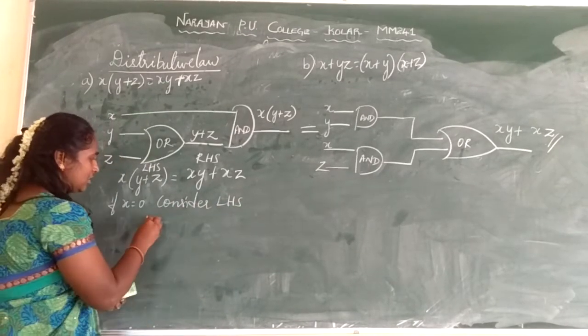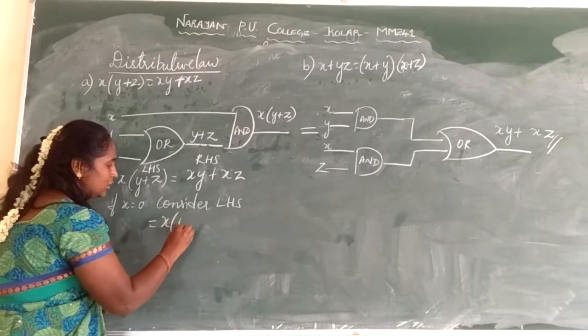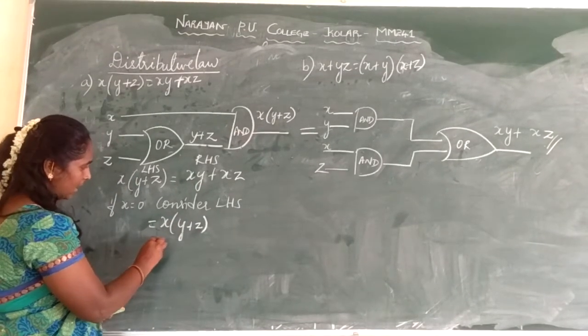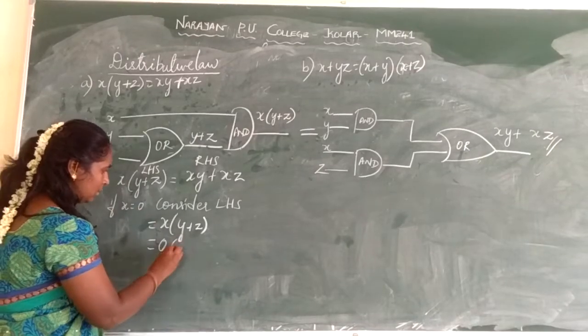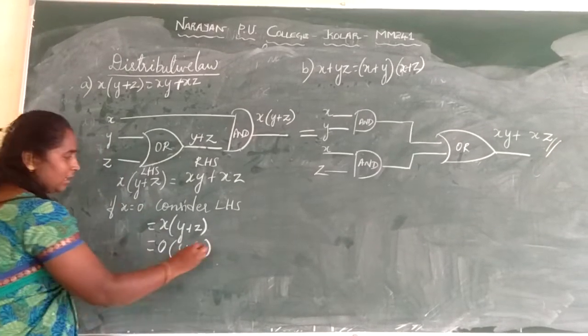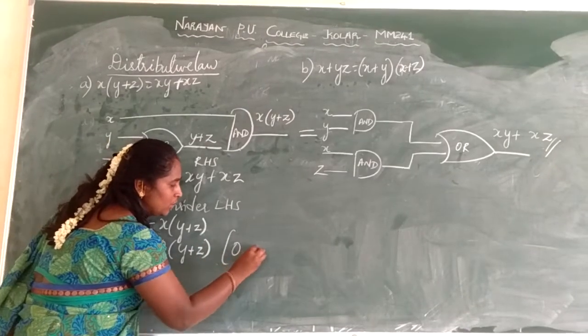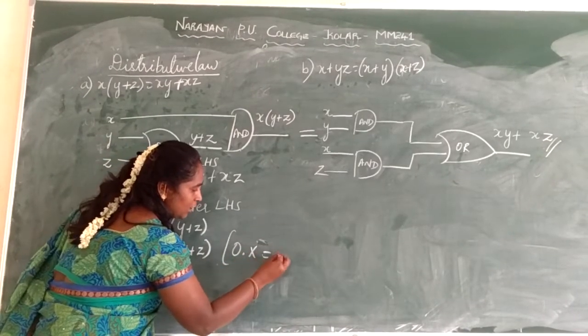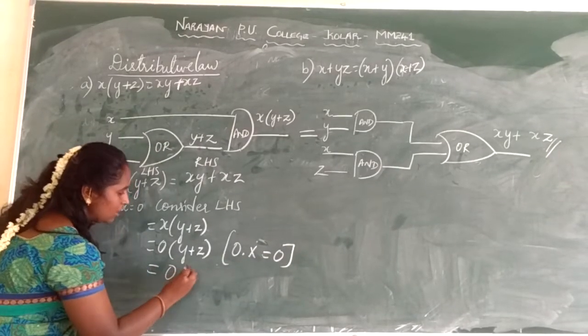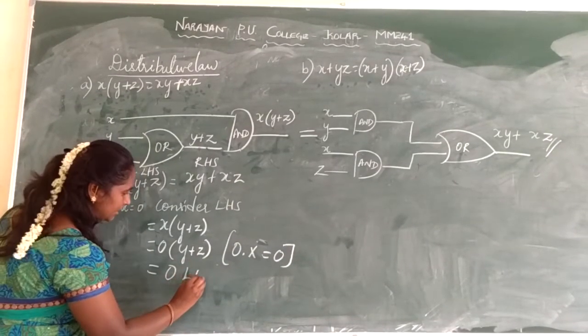What is the LHS? x into (y plus z). Here x is 0, so 0 into (y plus z). Take the properties: 0 into x is equal to 0. Properties of 0 and 1, that is nothing but 0. This is your LHS result.